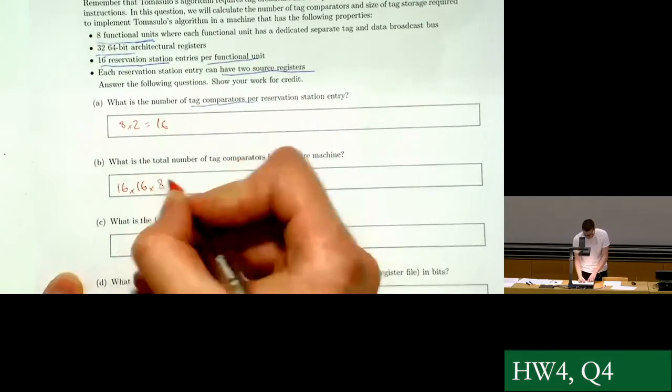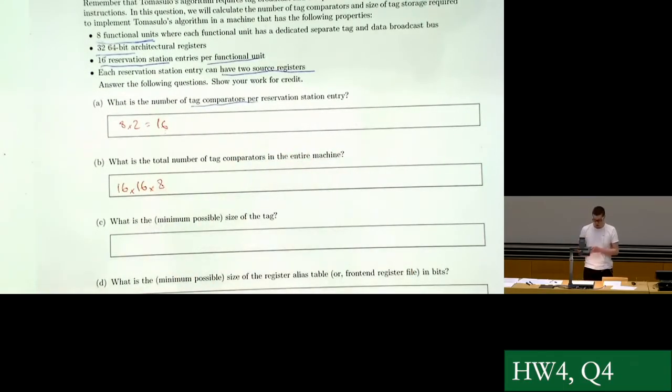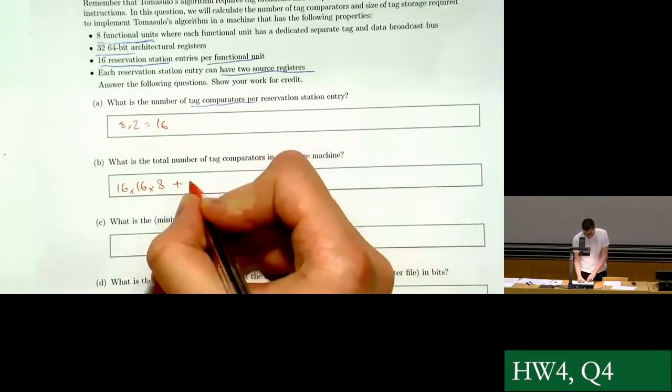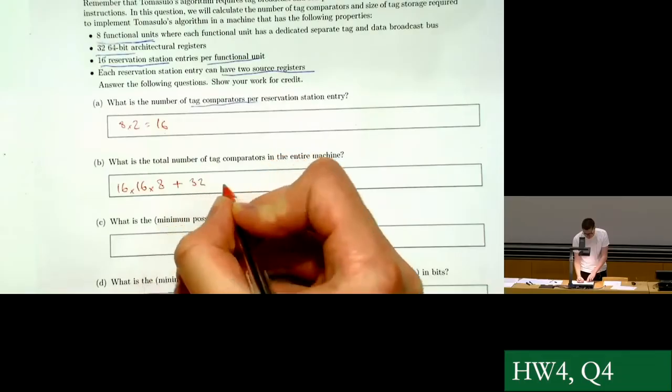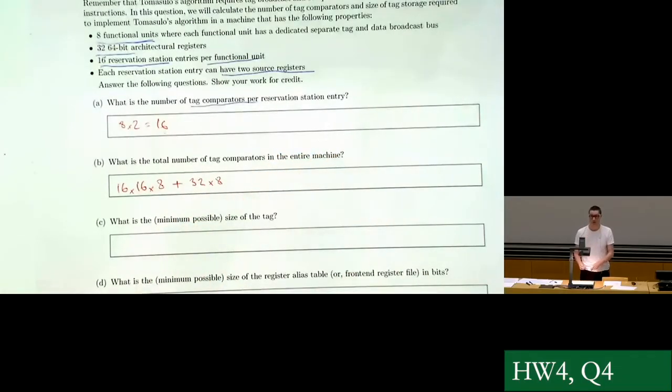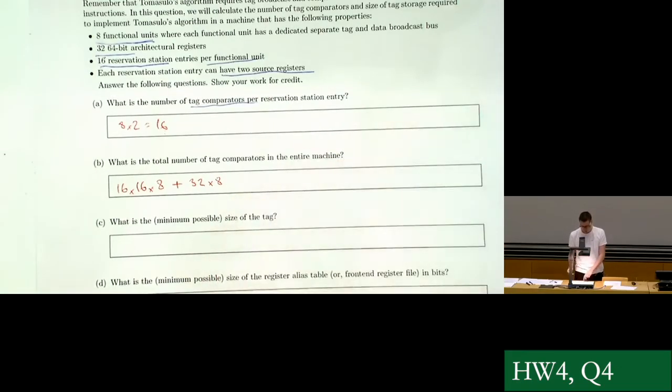And then we have 8 reservation stations in total. Okay, so those are the total number of tag comparators for the reservation stations. For the register alias table, we will also need 32 multiplied by 8 comparisons. So here 8 again is the number of functional units we have. Yeah, and you can calculate this. Okay?